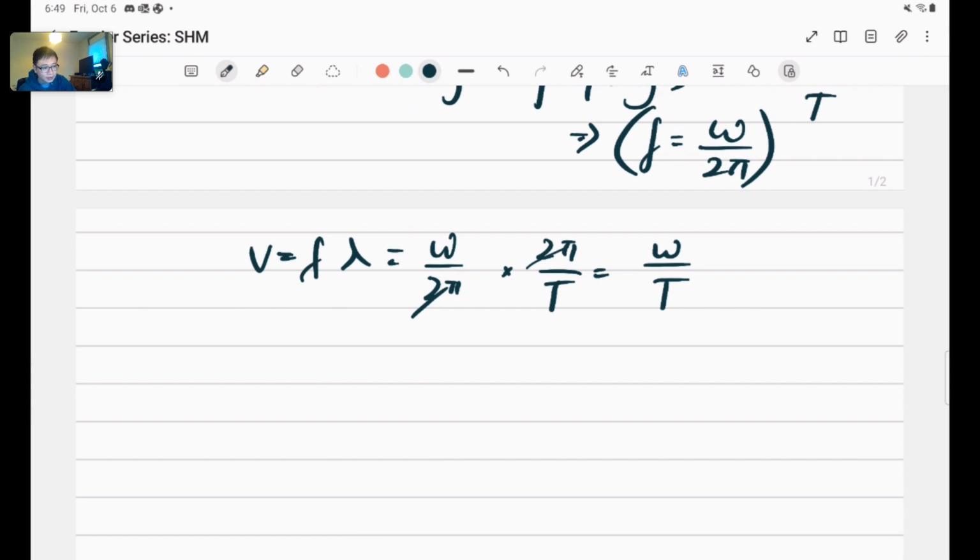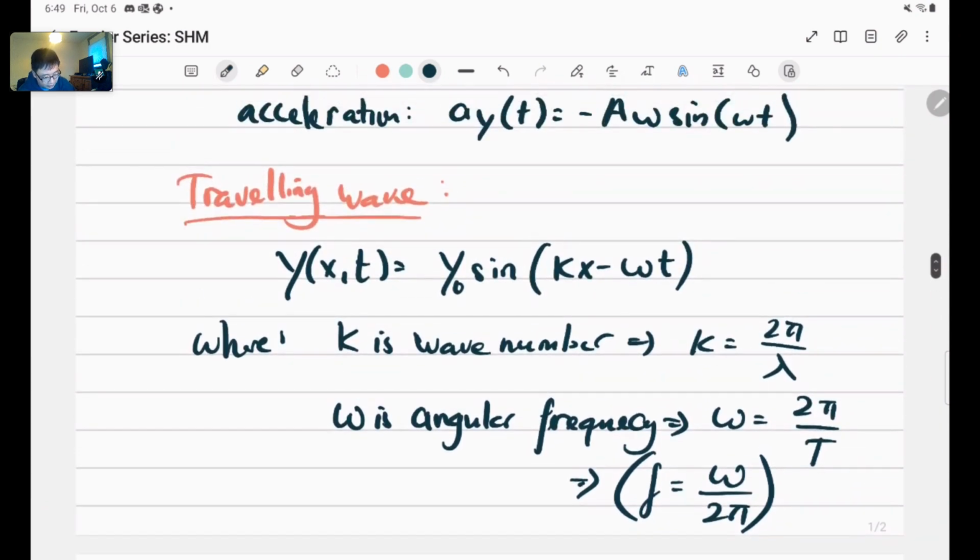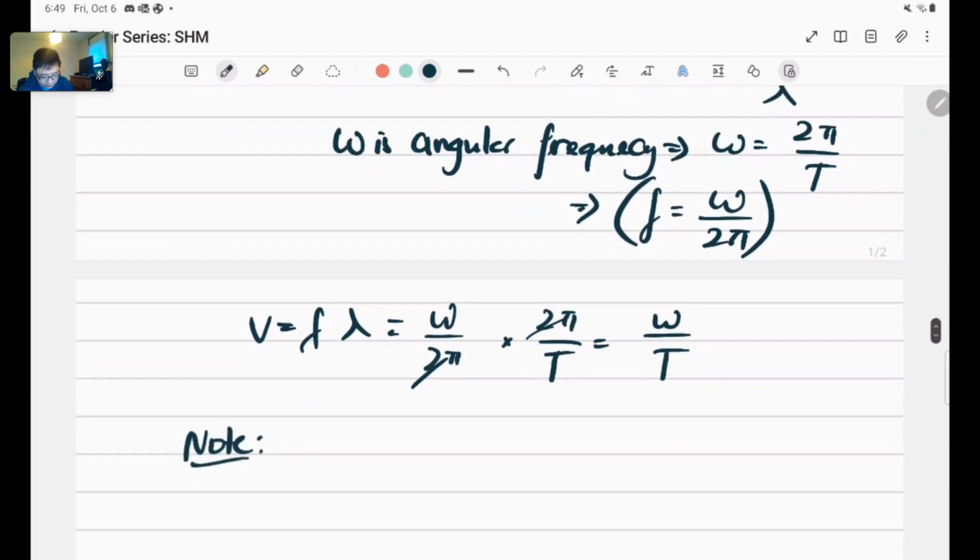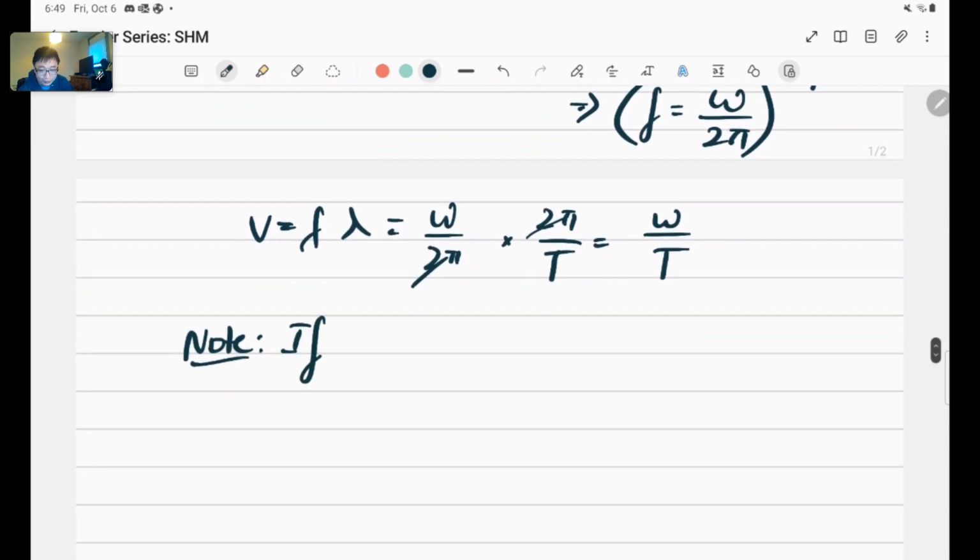Okay, now note, going back to here, if I set x equal to 0 or t equal to 0, then it becomes a one-variable expression. I think you already know about that.